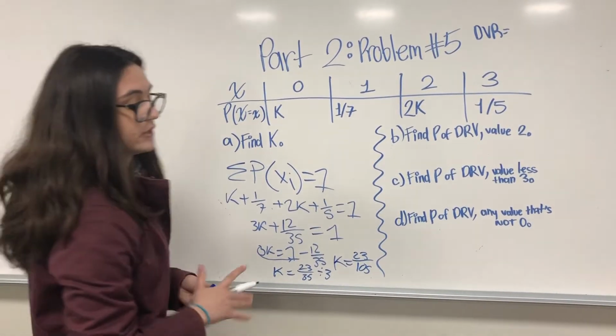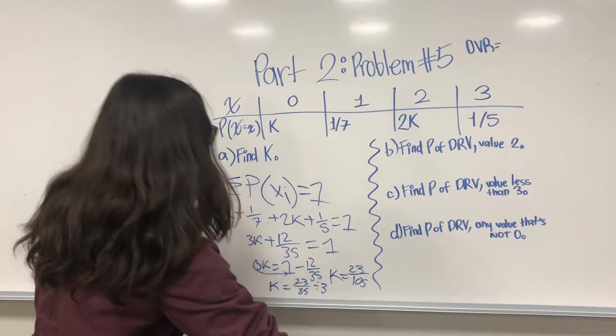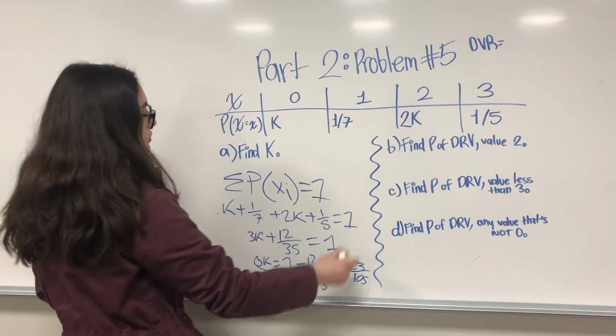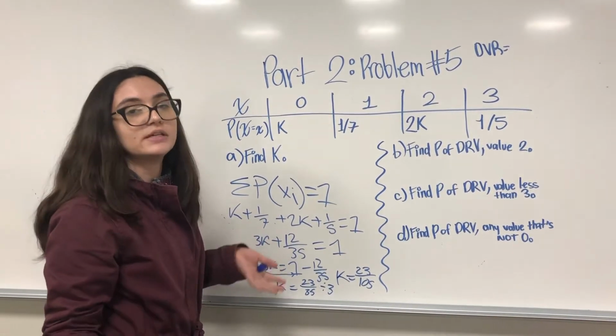And in order to check all of this, you can use your handy calculator to see if it's right. Now, the next step, what you can do is, with the k, substitute what you already have in the chart in order to make it easier to do the next problems.